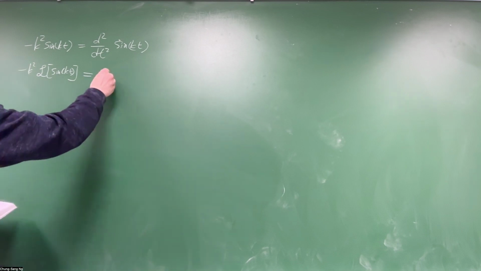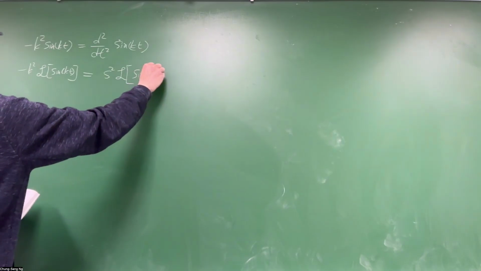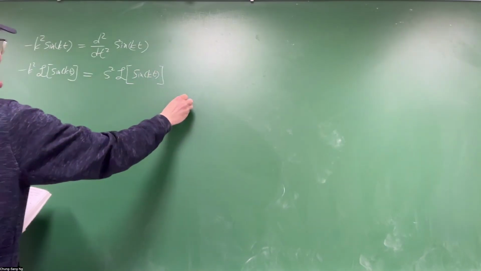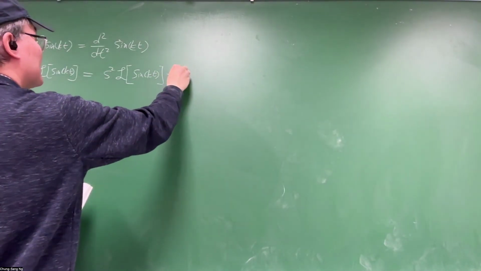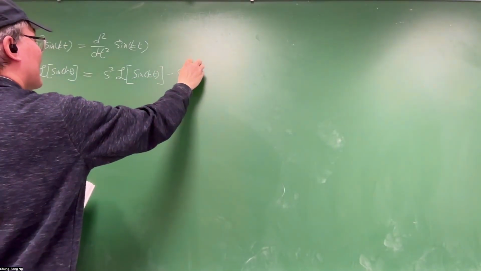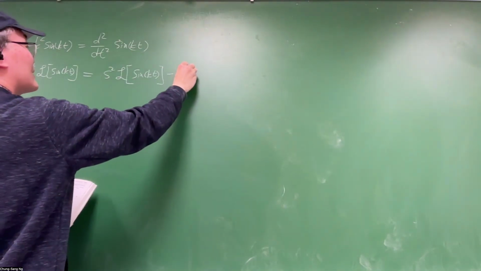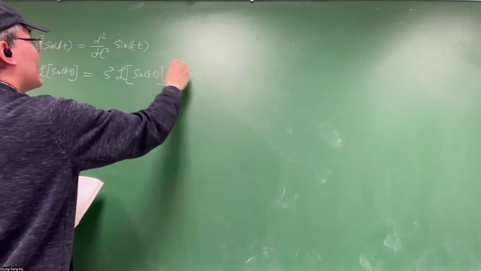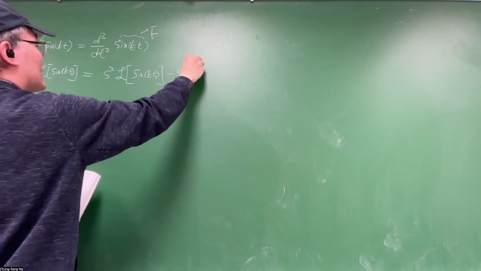So the first one is, what do you get? s squared times the Laplace transform, and subtract s times f of 0, which is sine of k t at 0, so this is 0.